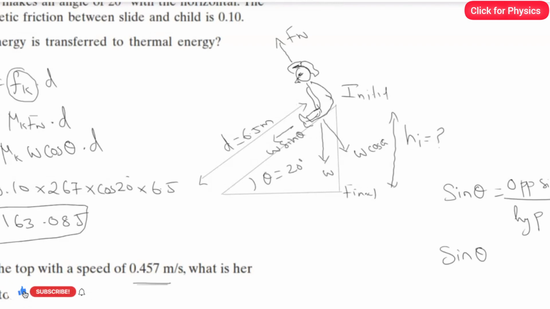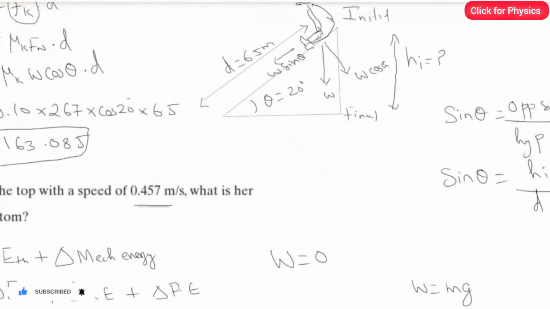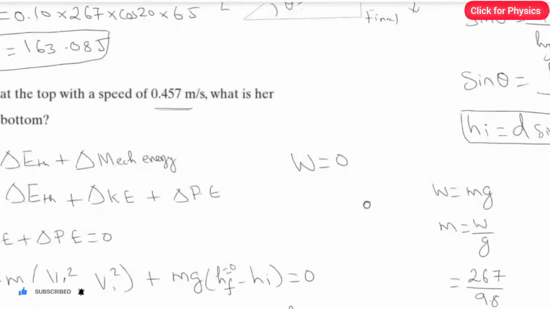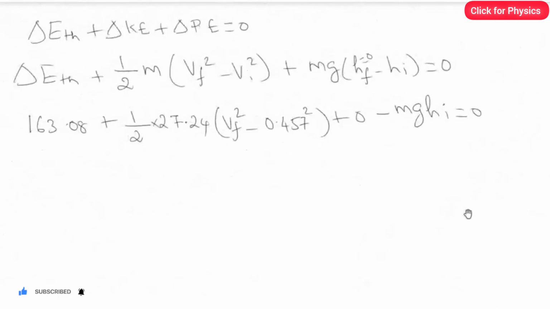Therefore sine theta is equal to opposite side, hi. And what is your hypotenuse? Your hypotenuse is d. So therefore hi is equal to d sine theta. So in place of hi, we have to substitute this in this equation. So I have to take this equation, I have to substitute here.